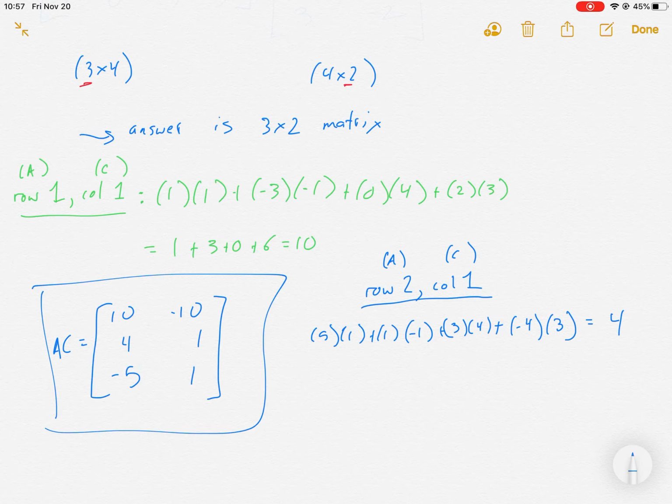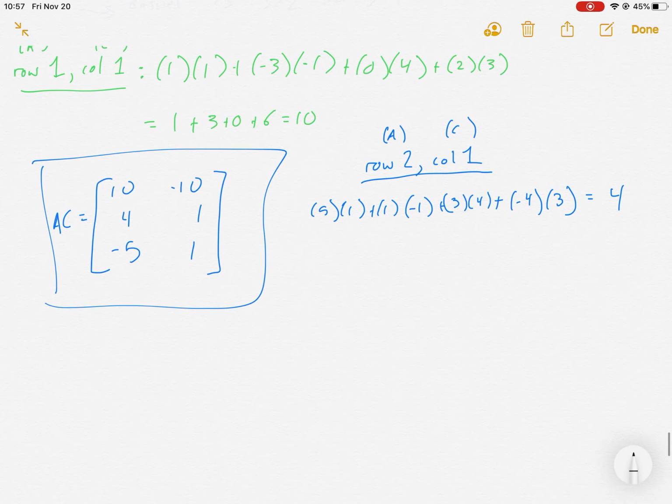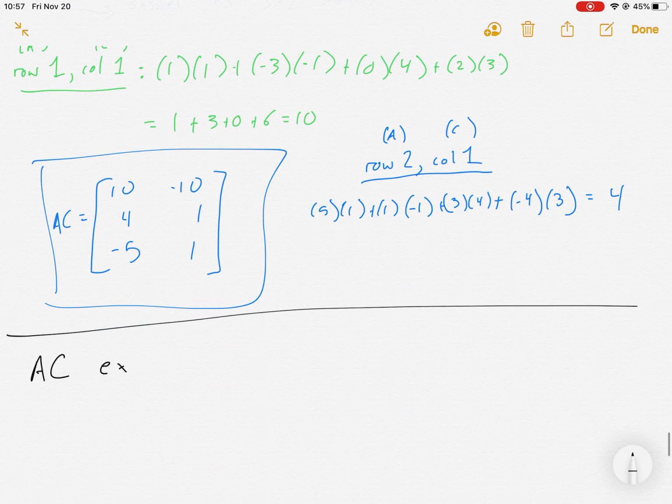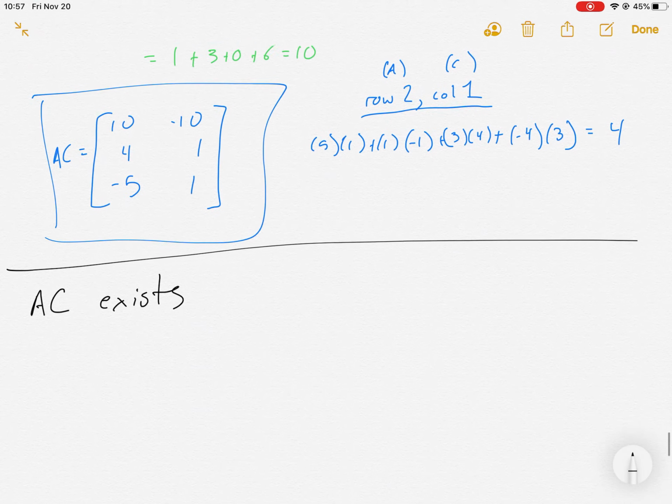Okay, so once again in this video we answered the commutative property, does that hold? And we also talked about when you can actually multiply a matrix. So that was the columns have to equal the rows being multiplied, and then we also know what the final order of the matrix will be. I want to point out, going back to the commutative property, we just did A times C, and that existed.